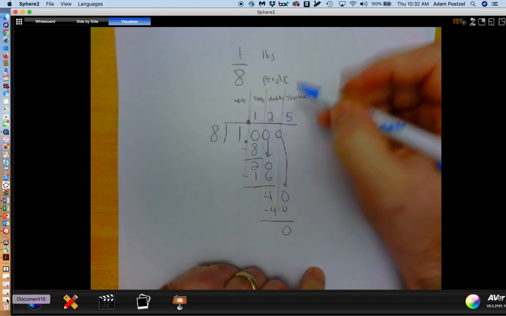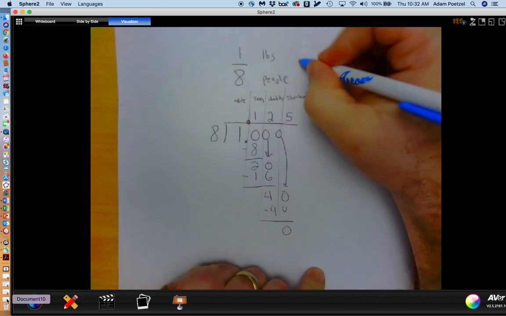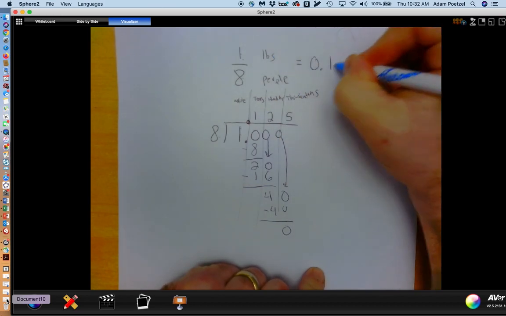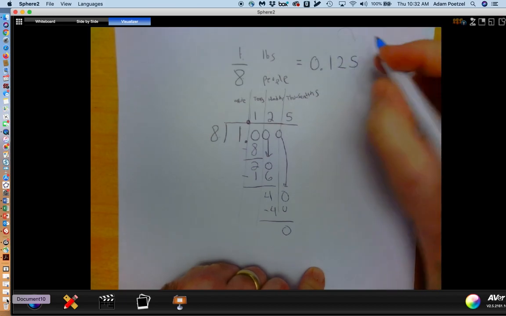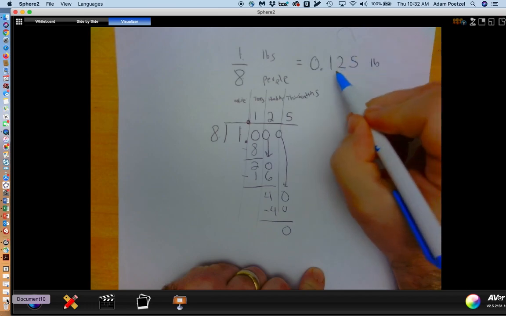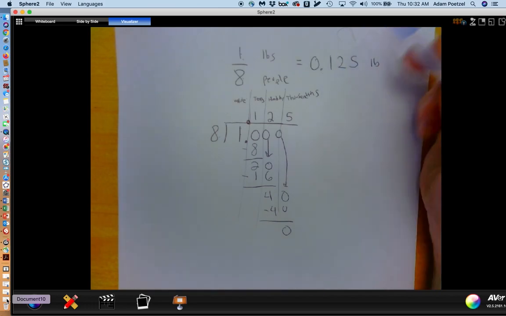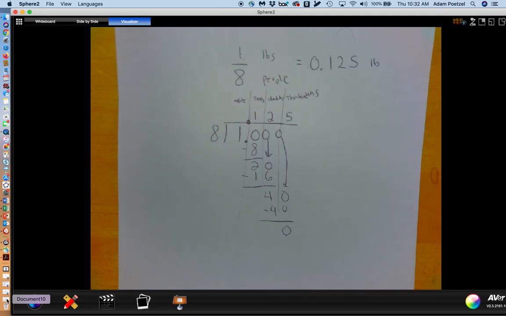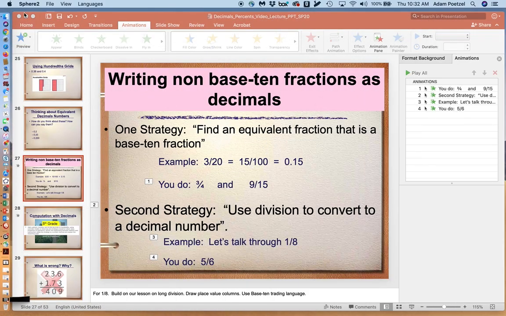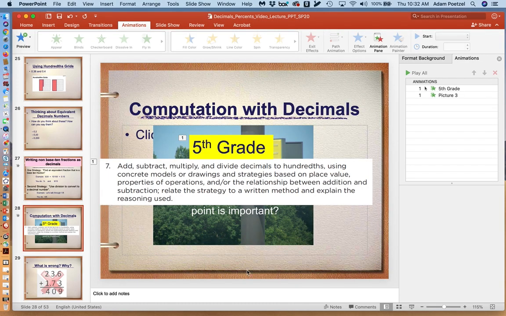So 1 pound shared with 8 people means each person would get 125 thousandths of a pound of cheese, or 0.125. So again, just talking through that, we see how the same principles apply to division from earlier. And of course, we can turn any fraction into a decimal using that.